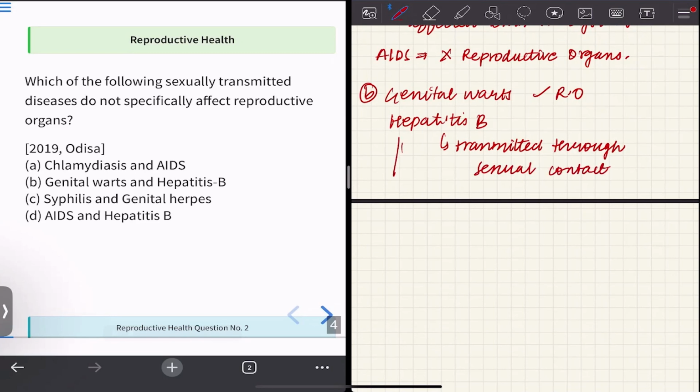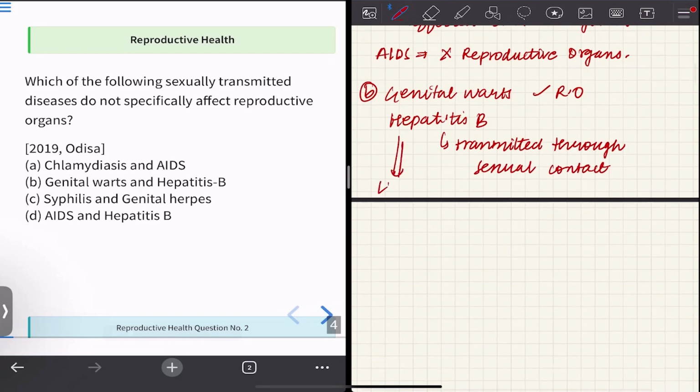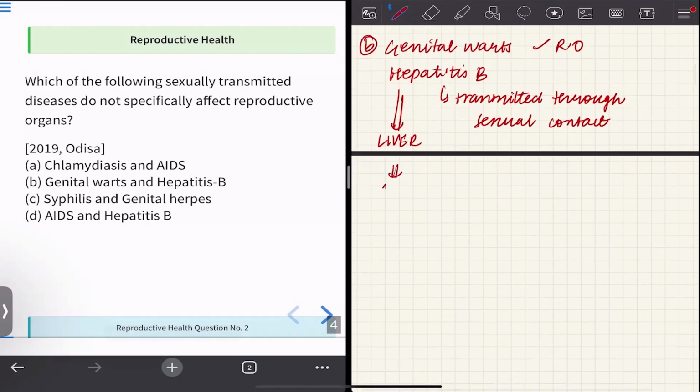But what is affected in hepatitis B? It mainly affects the liver, due to which cirrhosis of the liver takes place, and there are elevated liver enzymes. But this particular disease does not affect our reproductive organs.